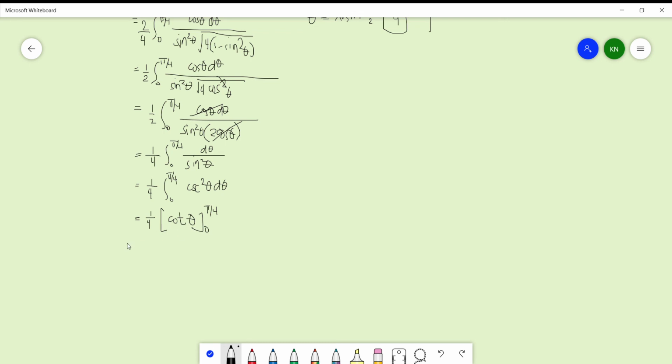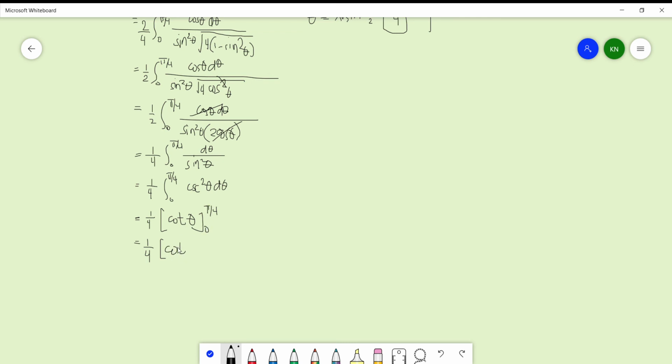In this case, our variable is theta, so we have to substitute our limits. Since this is a definite integral, there's no need to return the variable back to its original variable because we are finding the constant value. So that's okay to already substitute our limits in our variable.